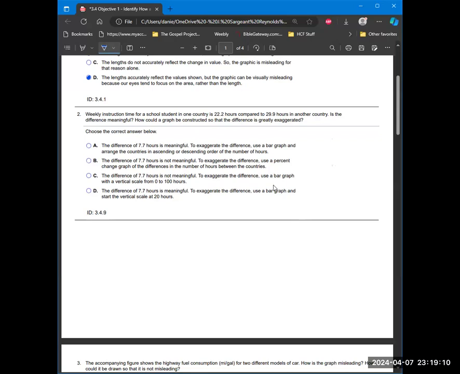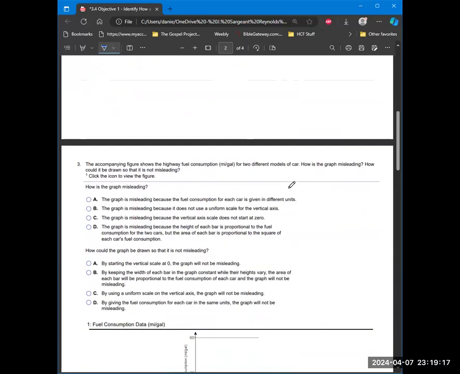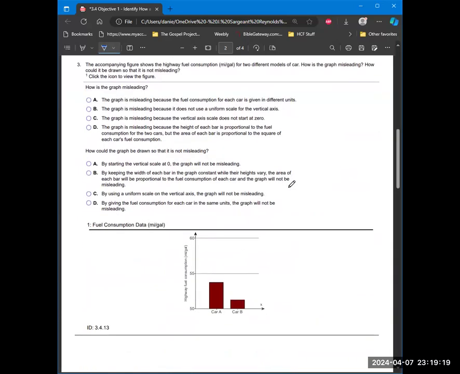So that's a trick that's used a lot with graphics to compress the y-axis like that. Don't fall for that trick.